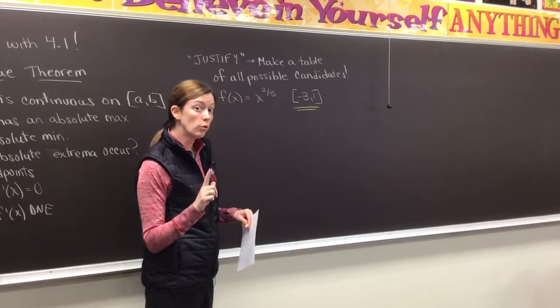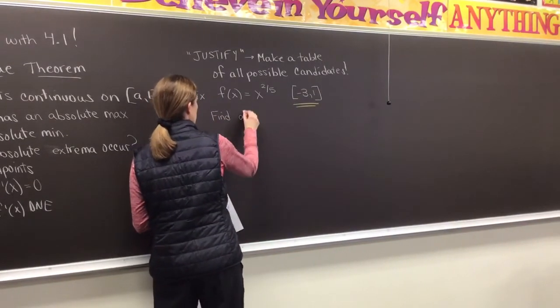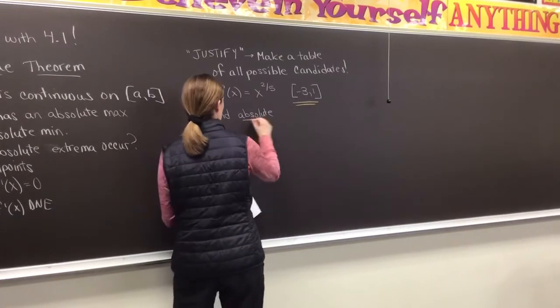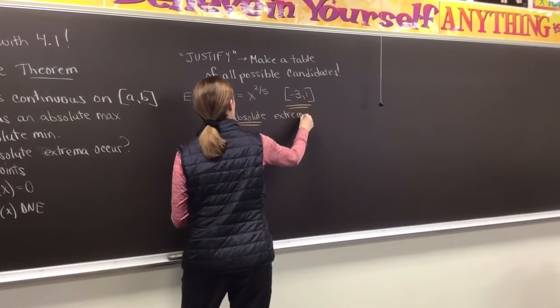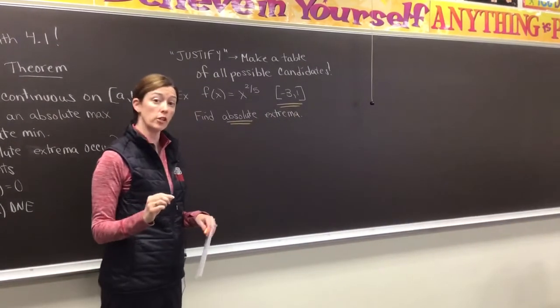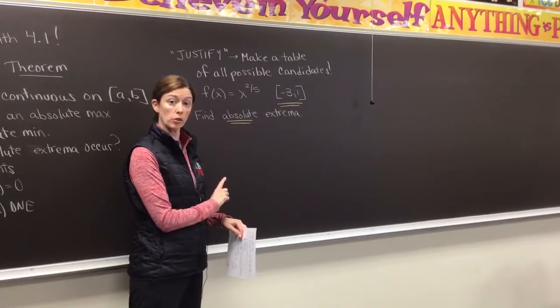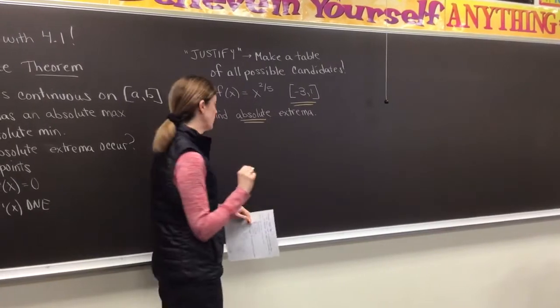The other clue is that in the directions, it will say to find the absolute extrema. As we go down the road and we look at some other cases in chapter 4, you might not have the closed interval, you might not see the word absolute. So those are going to be key differentiators, pun intended, of how to figure this out.